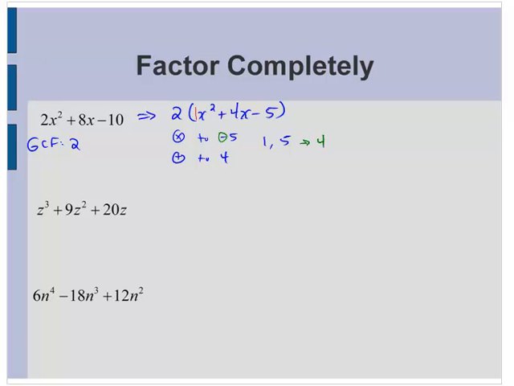And I need a positive 4, so I'll take a negative 1 and a positive 5. Negative 1 plus 5 is positive 4. So then what I would write is that the completely factored form would be 2 times x minus 1 times x plus 5.